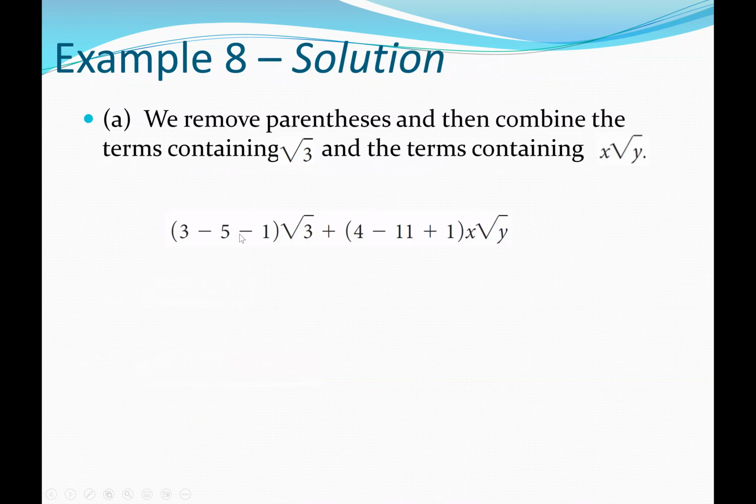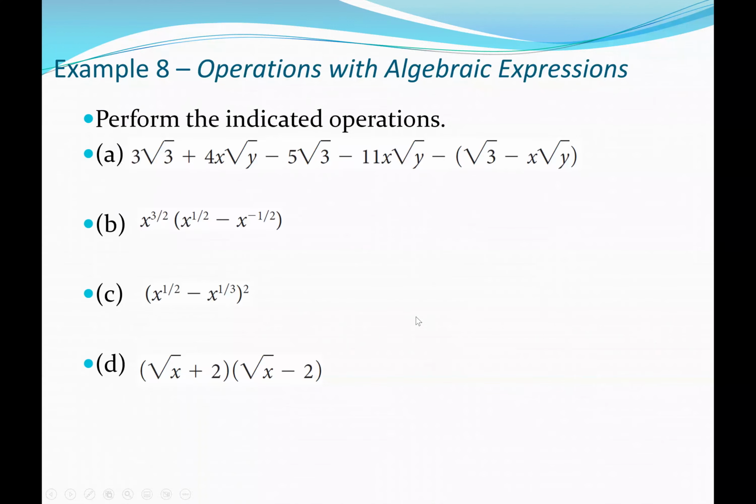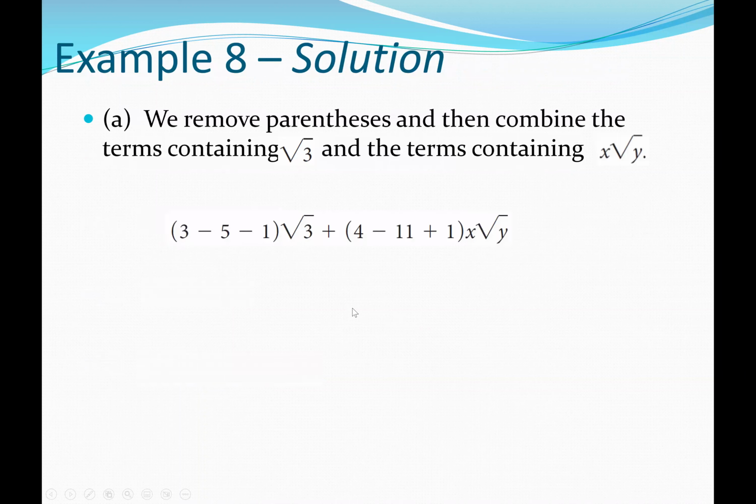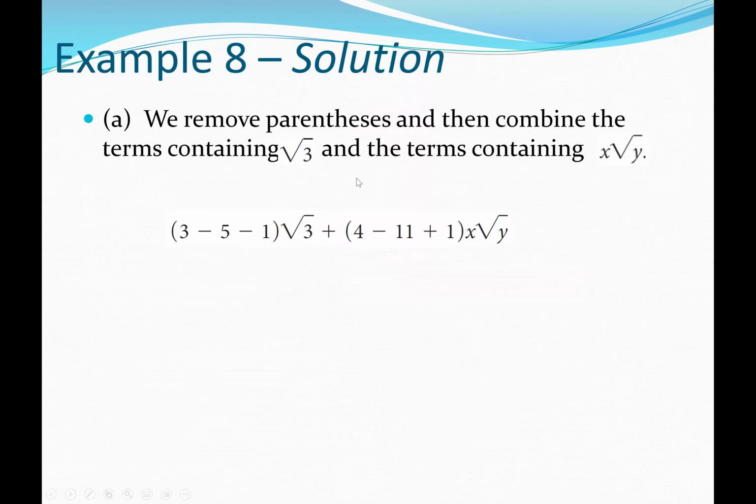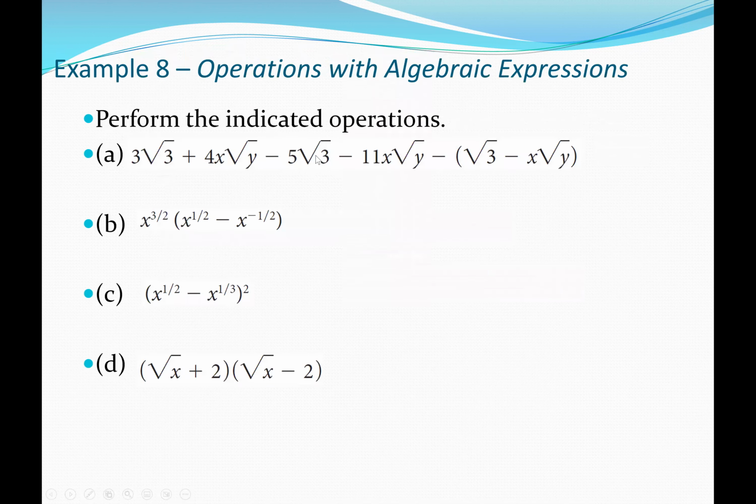So we combine all the like terms, and then our final answer will be minus 3 square root of 3, because 3 minus 5 minus 1 will give me minus 3. How do we get 3 minus 5 minus 1? Let's go back to the question. Okay, so here we can see square root of 3: the minus 5 is here, plus 3 is here.